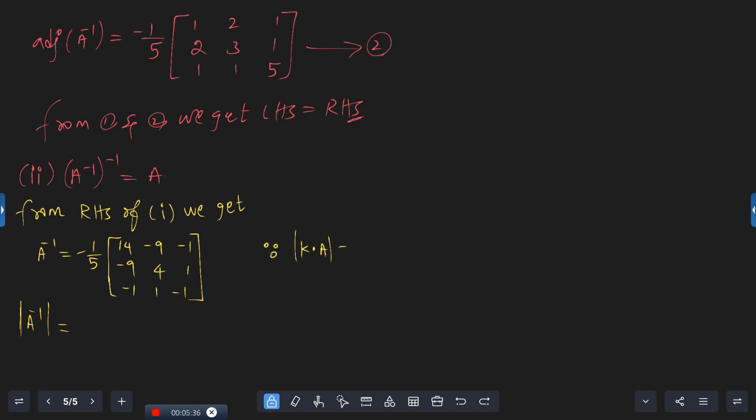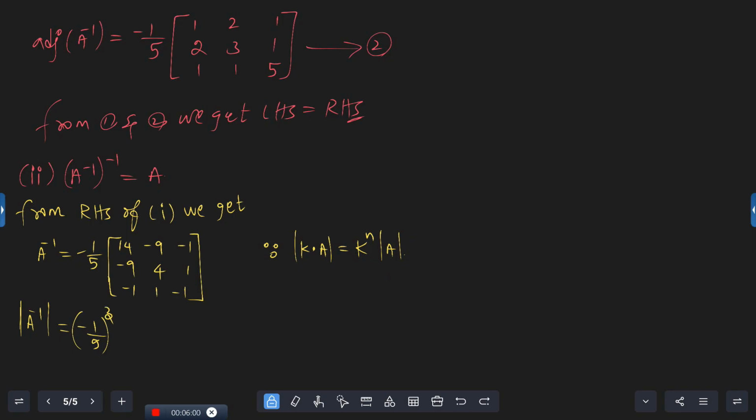For that, if you take the determinant, what you will be getting? Have you remembered the formula? K power n. Very good. K power n into determinant of A. Understand? So what is K here? Minus 1 by 5. So minus 1 by 5 whole power 3 into determinant of A.